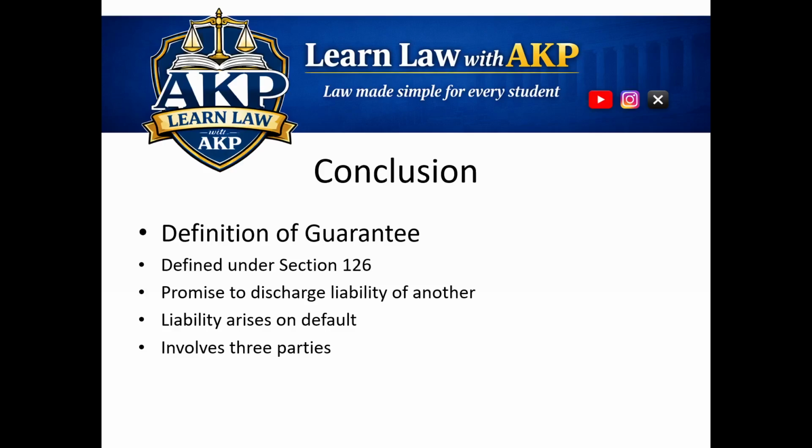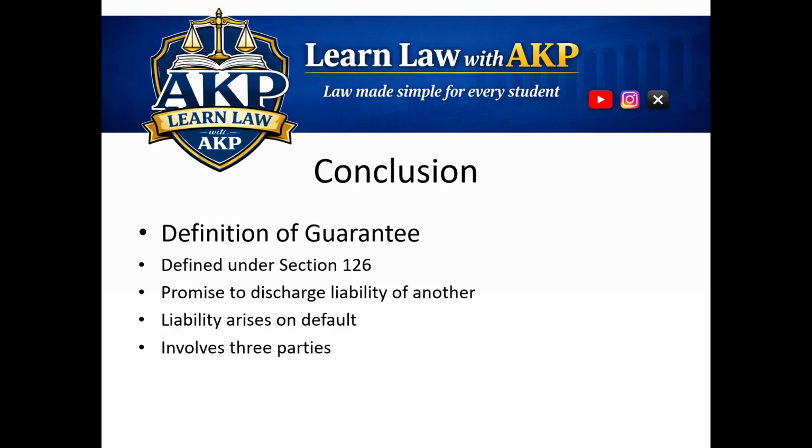Now let's conclude this topic. The definition of guarantee under section 126 explains that one person promises to perform the obligation of another person in case of default. It involves three parties: surety, principal debtor, and creditor. The liability of the surety is not immediate.